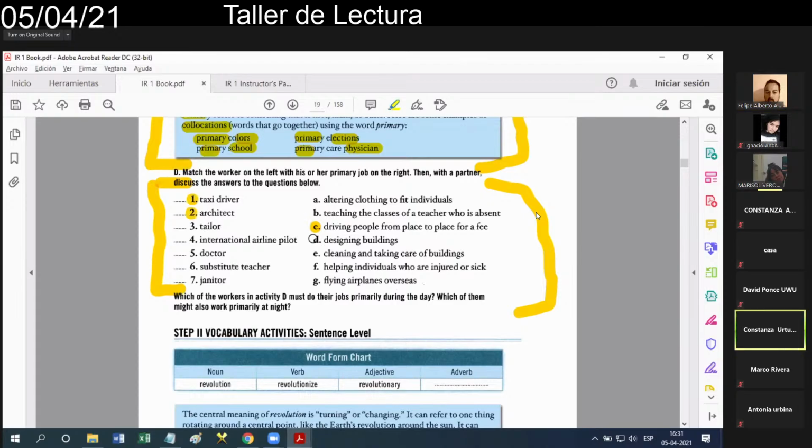D. Oh, great. Designing buildings. Great. Number 3, tailor. A. Very, very good. Altering clothing to fit individuals. Number 4, international pilots. Piece of cake. G, very good. Yes. Number 5, a doctor. F.